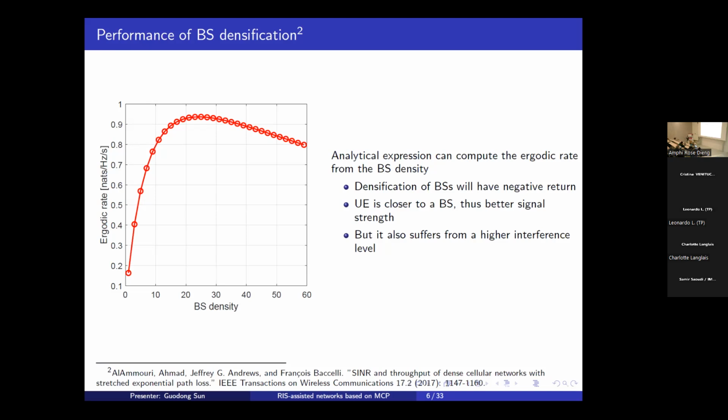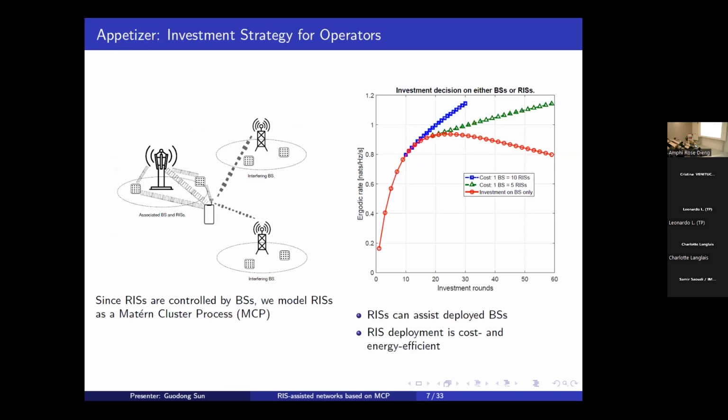Then, ergodically, the performance of the system at the system level becomes worse. So then RIS comes into play. The introduction of RIS gives operators a new opportunity to deploy the network, because operators can select between base stations or deploy RISes instead of base stations.